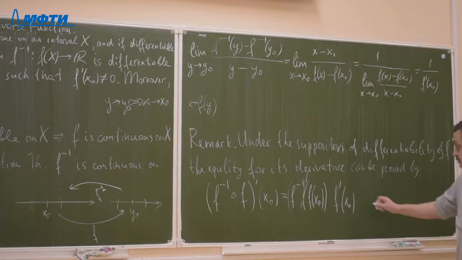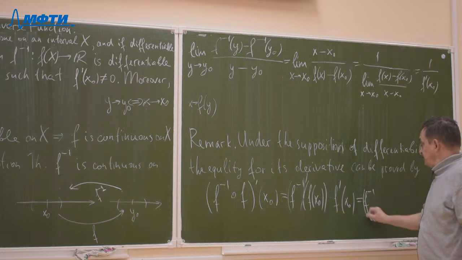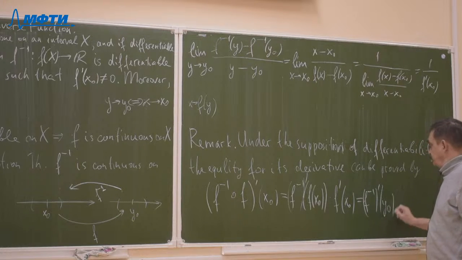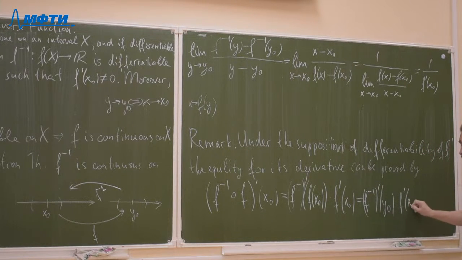And that is f minus 1 prime at y naught times f prime at x naught.